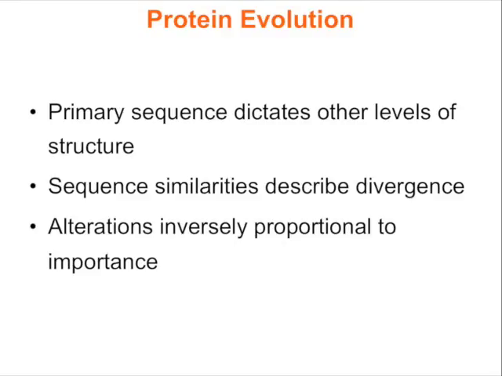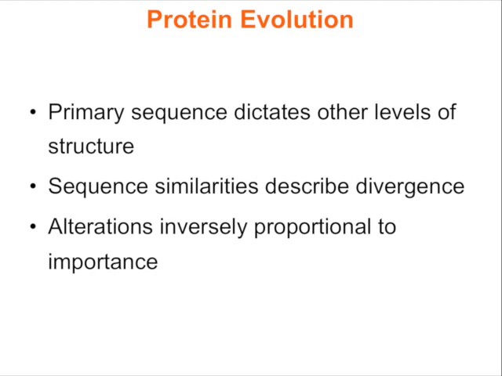Generally, the importance of a protein is inversely proportional to the number of alterations that we observe. So the more important the protein, the fewer alterations that are likely to have happened. That is, the more important the protein, the more similar the proteins are expected to be between different species.